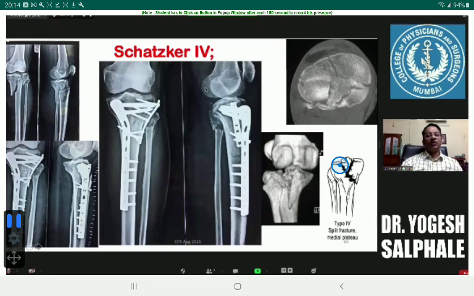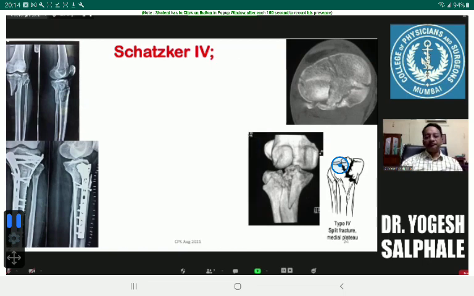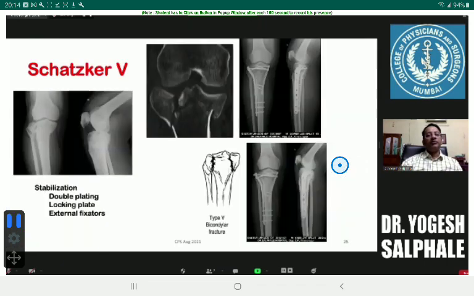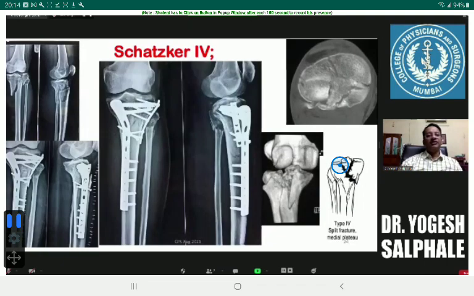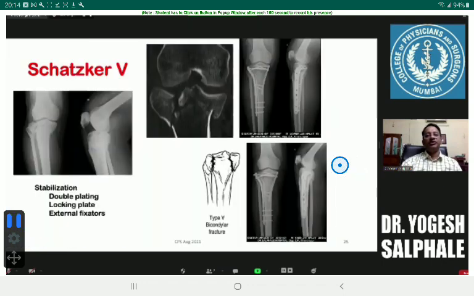So this is the varus and flexion mechanism. And you can see a nicely done surgery where all the columns are addressed and the patient went to an eventual union, a wonderful union.